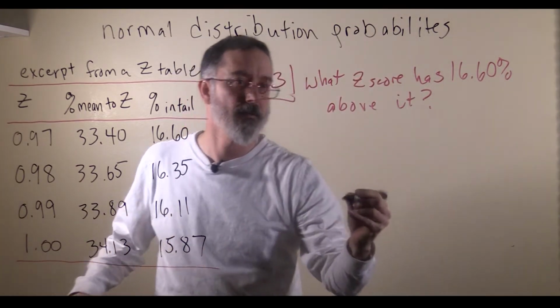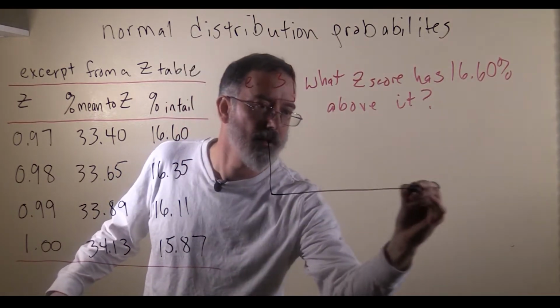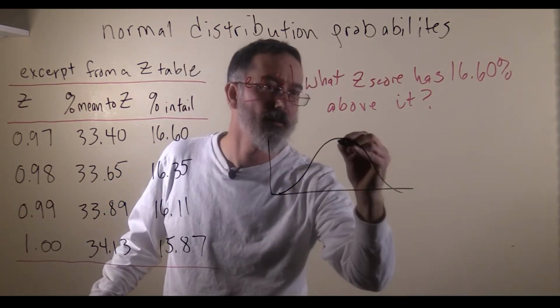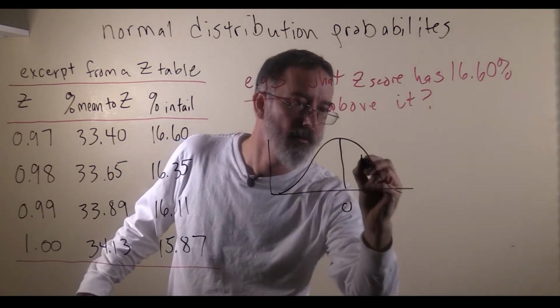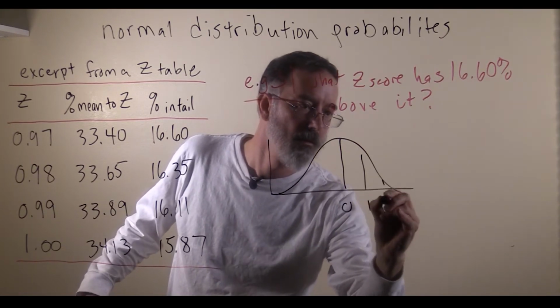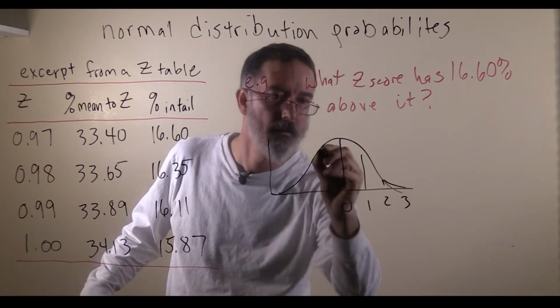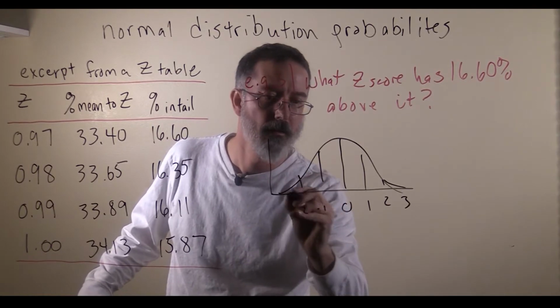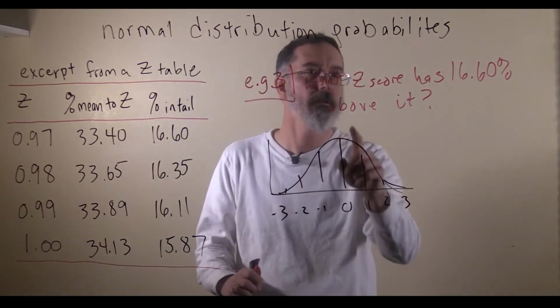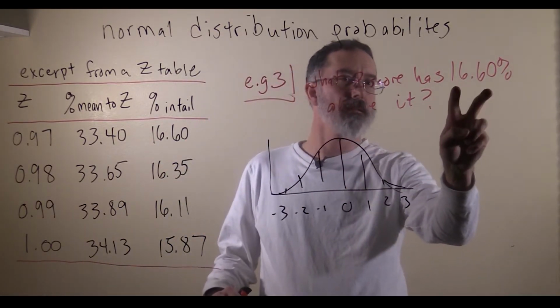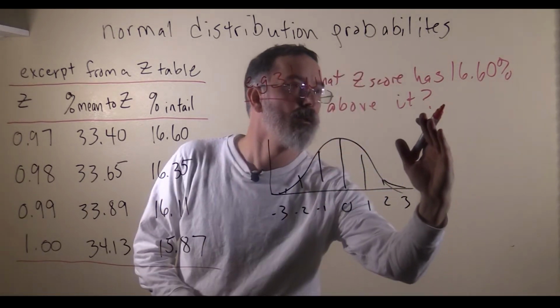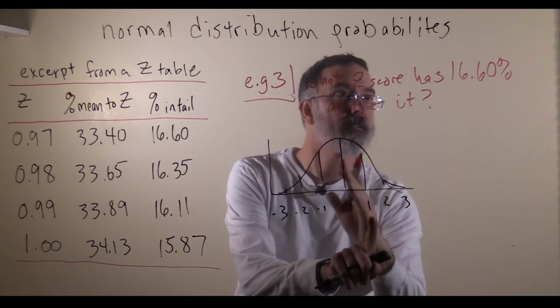So again, I strongly encourage you to draw your normal distribution and identify the part you need to calculate. And we're looking for what? A z-score that has 16.60% above it.